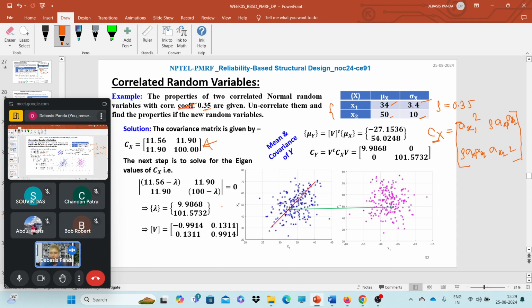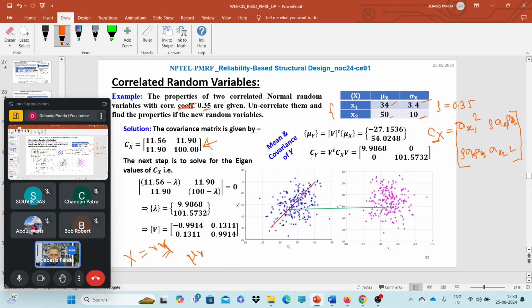You just need to have that transformation, like x equals V into y. We have already seen that transformation, and we have already seen what should be the mean of those uncorrelated random variables in y space.